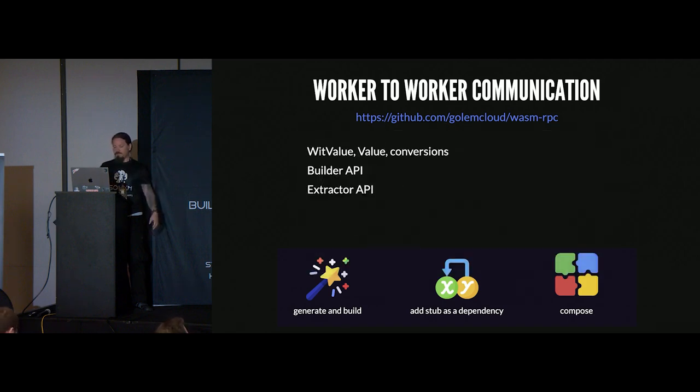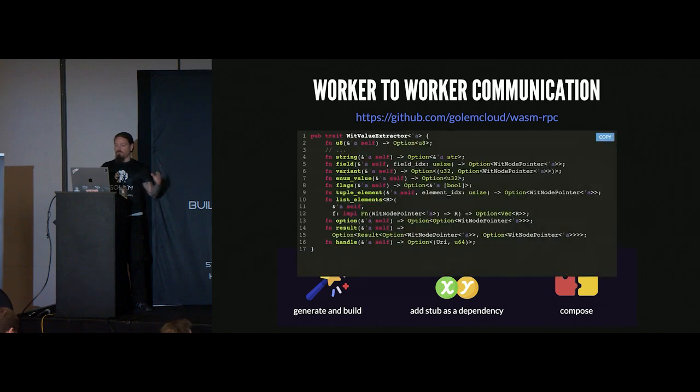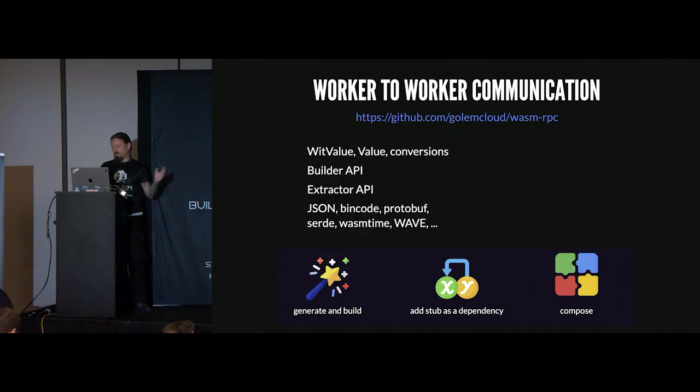And it has the opposite, which is used for constructing back typed values from the WIT value result values. And it has all kinds of implementations of various serialization formats and adapters to Wasmtime's own representation and so on.